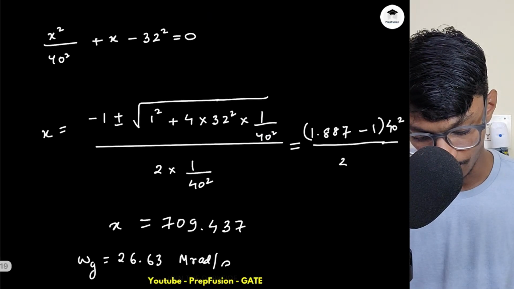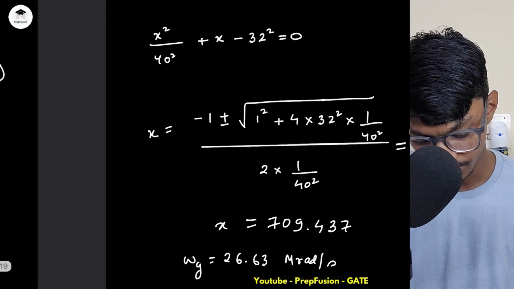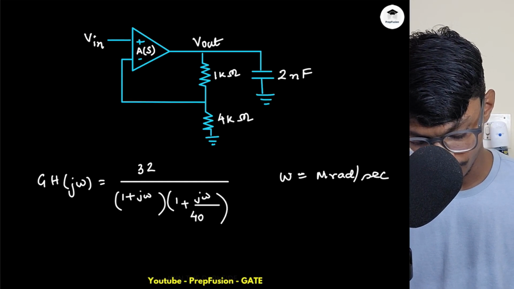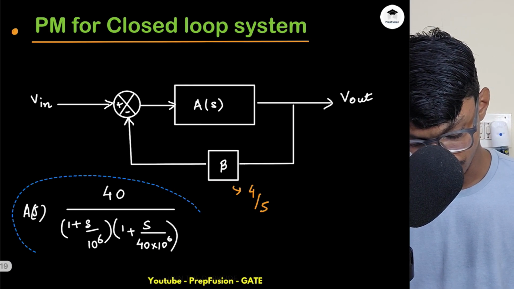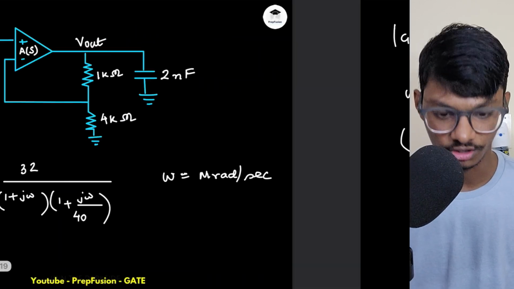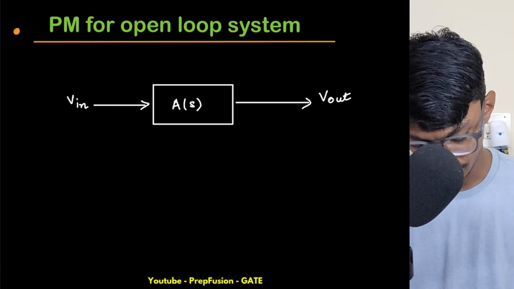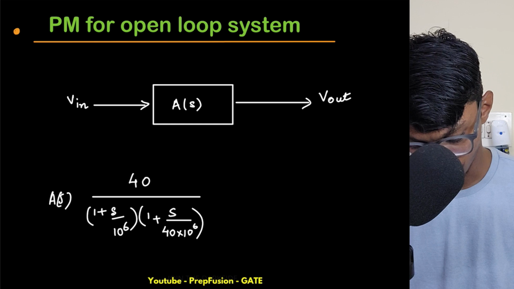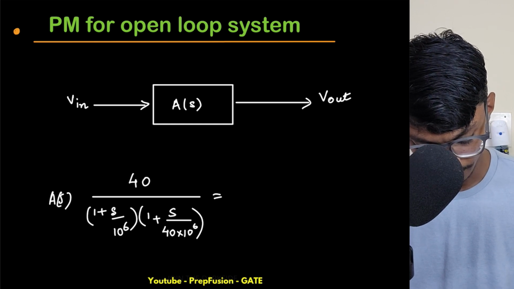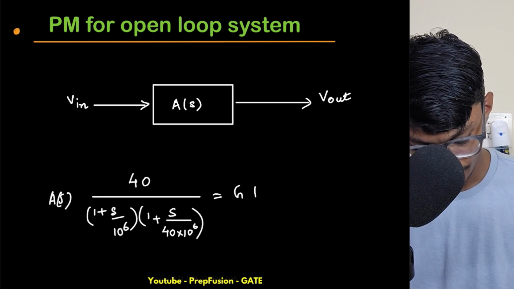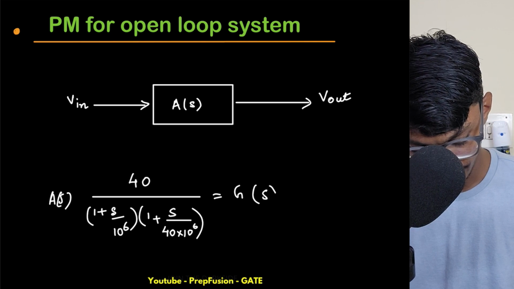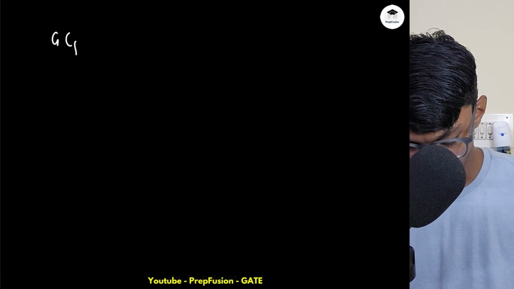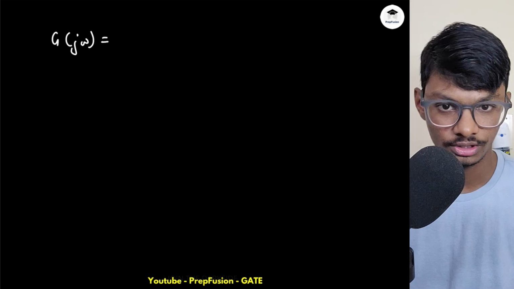If I have an open loop system, then my g of j omega will be simply this 40 upon this, right? So this is equal to my OLTF. My OLTF becomes this, h is 1, so this is my g of s. So if I write my g of j omega, again I define my omega in mega radian per second.